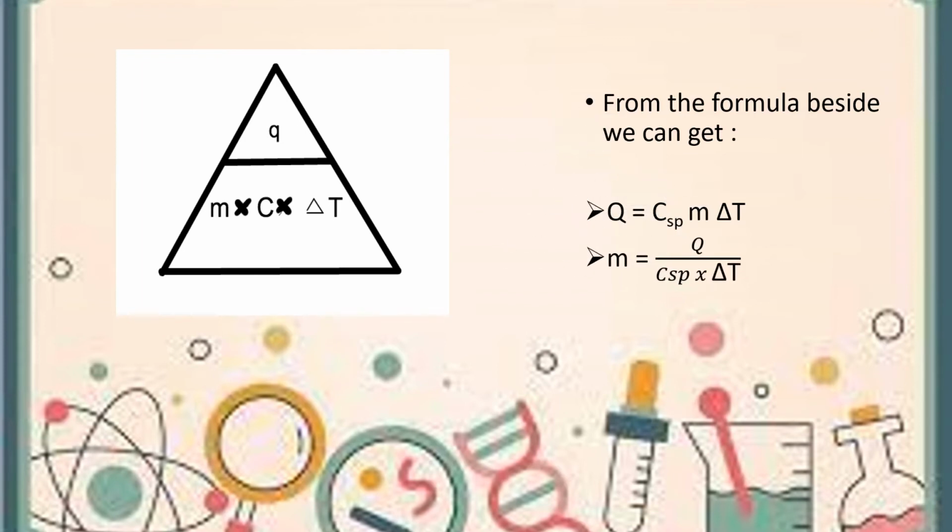And the second, we can also get the formula for M: M equals Q divided by CSP times delta T. The third is CSP, or specific heat, equals Q divided by M times delta T. And the last, delta T equals Q divided by specific heat times mass.